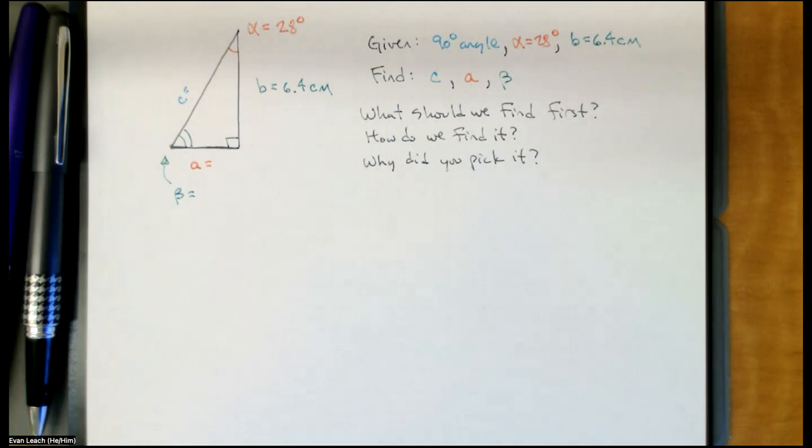Someone needs to tell me what the first thing they found was, how you found it, and why you picked that to be first. So who wants to tell me what you found first? What'd you find first? Side A first.